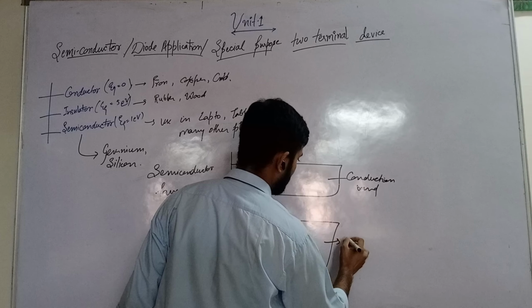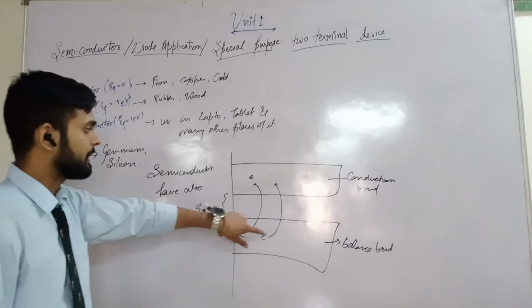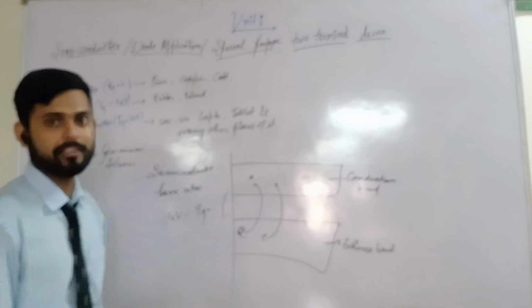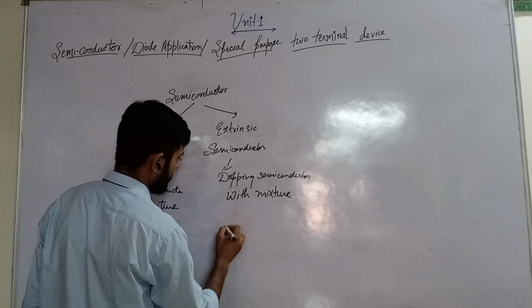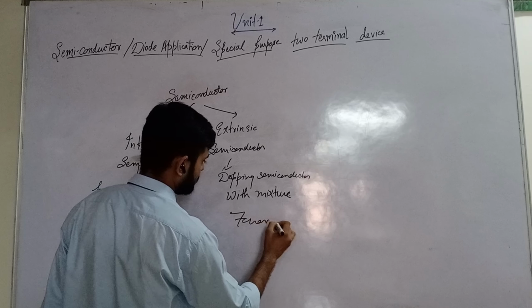Electrons flow from the valence band to the conduction band. The energy gap is 1 electron volt. The gap of 1 electron volt is small, so we can say that the flow of electrons from the valence band to the conduction band is very easy.